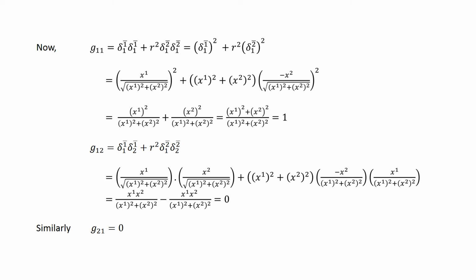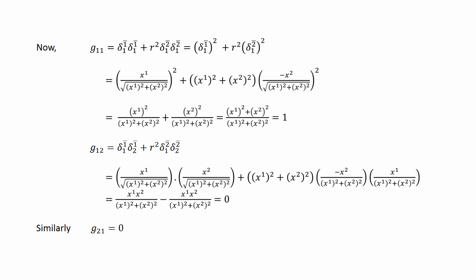So we get the first term x1 x2 over x1 square plus x2 square minus, now in the second term, I start from the right side, x1 and x2 are multiplied.